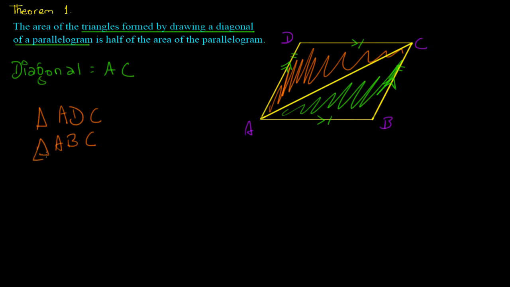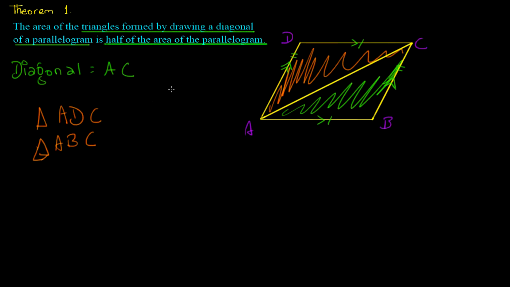Okay, good. Oh, and by the way, for denoting a triangle we use this symbol, a bit like a triangle. Let me get rid of this. So the area of the triangles formed by drawing a diagonal of a parallelogram is half of the area of the parallelogram.